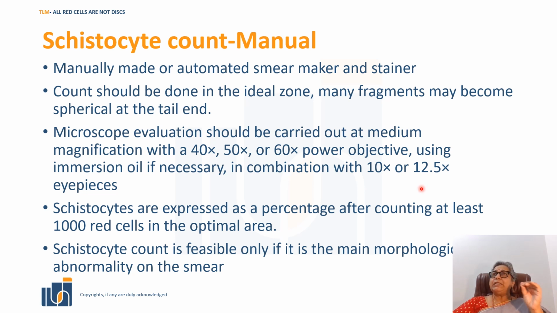You count at least 1000 RBCs, find out how many fragmented red cells there are as you're counting 1000 red cells, and express it as a percentage. Now, when do you report it? We go back to what we said earlier: only if it is greater than 10% of the total number. So, if it is the main morphological abnormality on your smear, then you will report the count of the schistocytes.